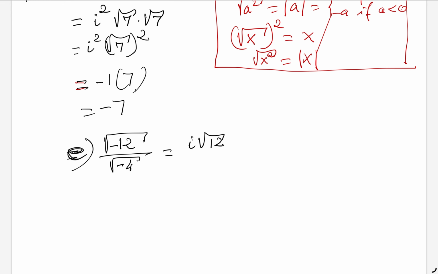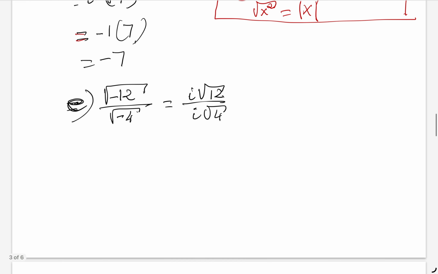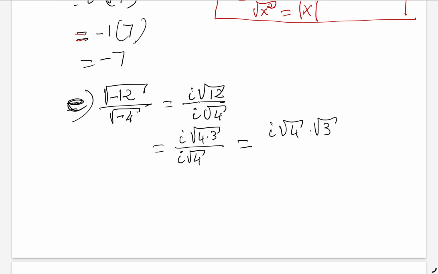This one is i square root of 12 divided by i square root of 4. And you know, 12 is 4 times 3. So at the top, you have i square root of 4 times i square root of 3, divided by i square root of 4. And then this one will cancel out. So you end up having the square root of 3. Good.